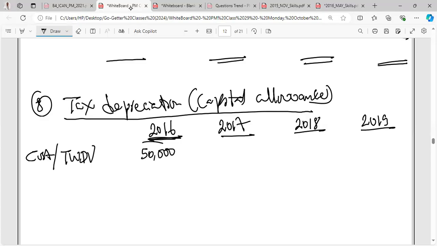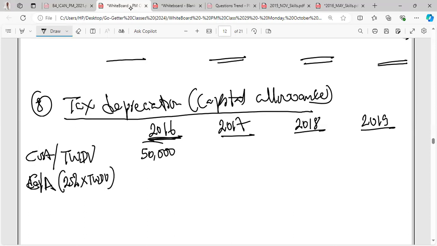So what we'll say, depreciation or capital allowance, we will now say 25% of tax written down value.